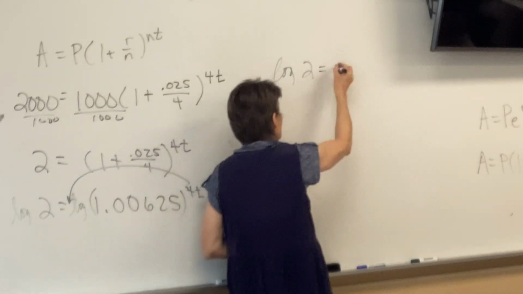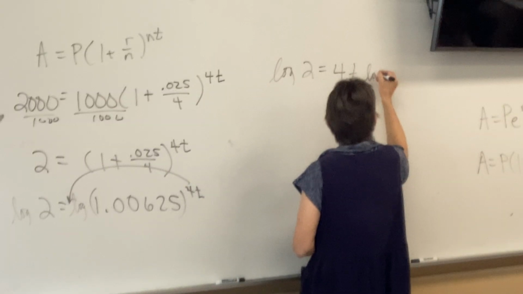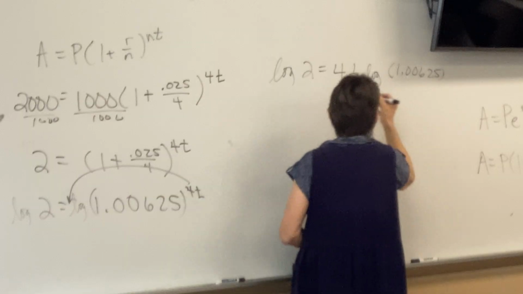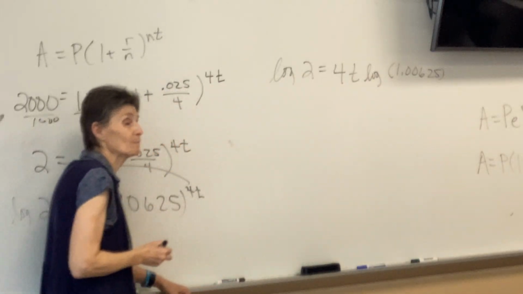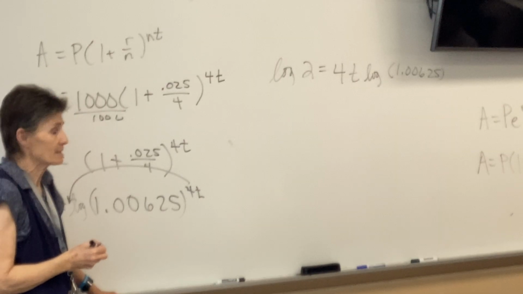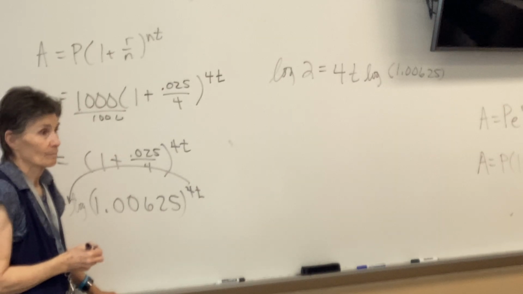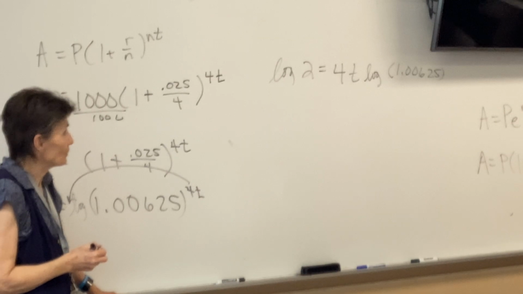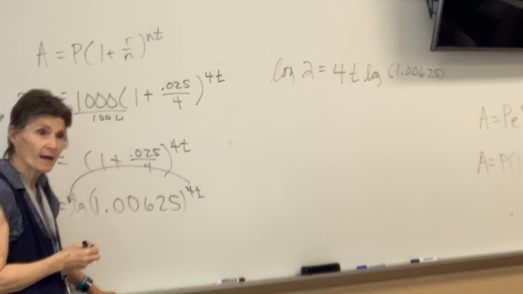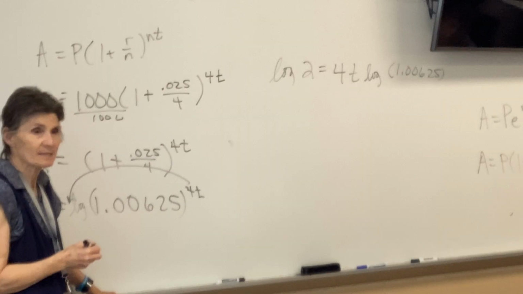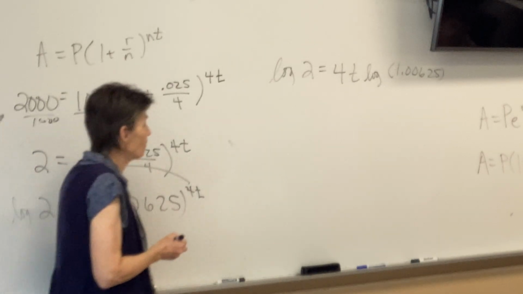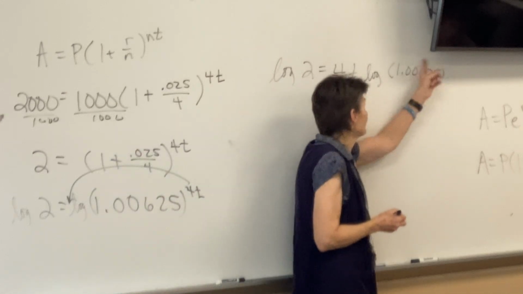So 4t times log 1.00625. Now remember, you're solving for t. You can do that now. What do you have to do to get t by itself? I want to get t by itself, so how am I going to get rid of this thing right here?